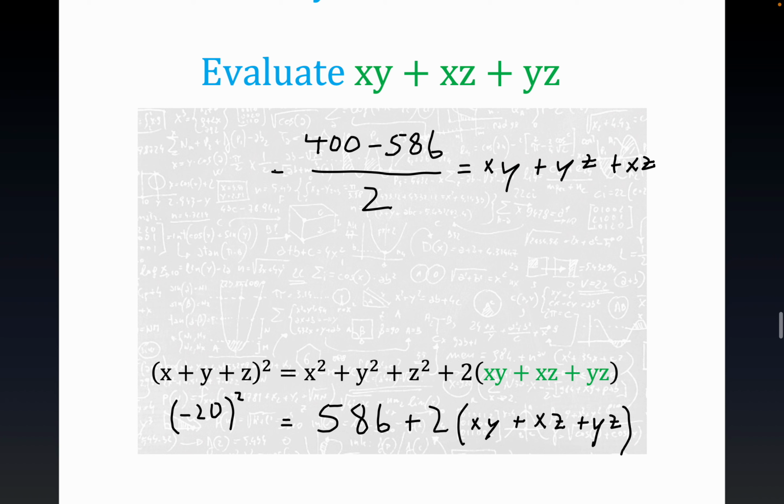That's equal to minus 186 divided by 2, y'all. I'm getting minus 93. Okay. Y'all, I'm going to check my arithmetic here. This is minus 186. Minus 186 divided by 2 is 93.